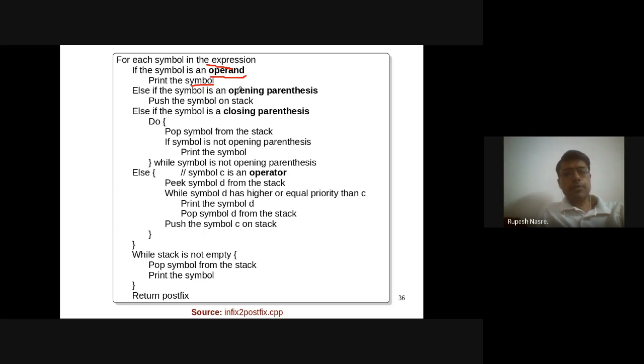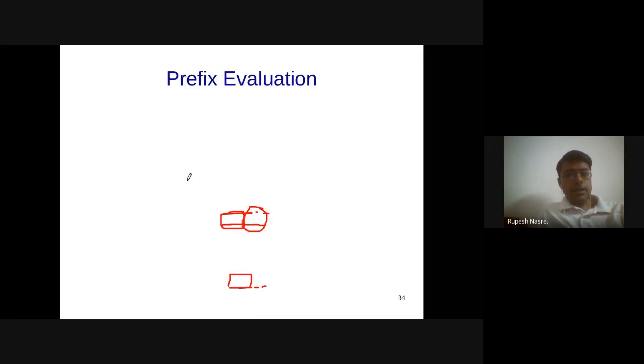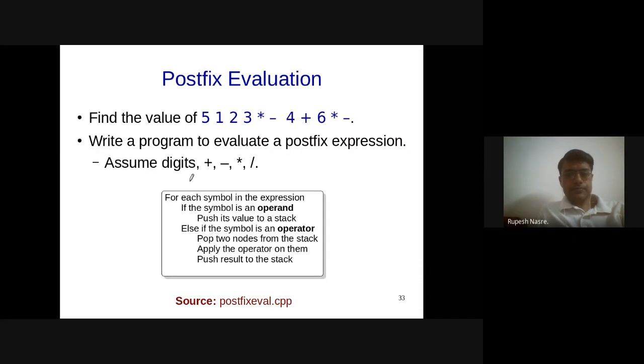Otherwise, if it is an opening parenthesis, then you maintain a stack on which you just push the opening parenthesis. Otherwise, when it is a closing parenthesis, this is where there is similarity with your suggestions. Then there is some processing which we will do.